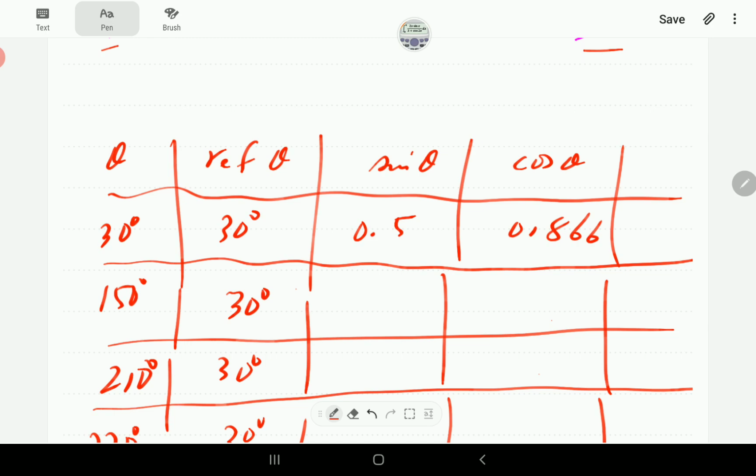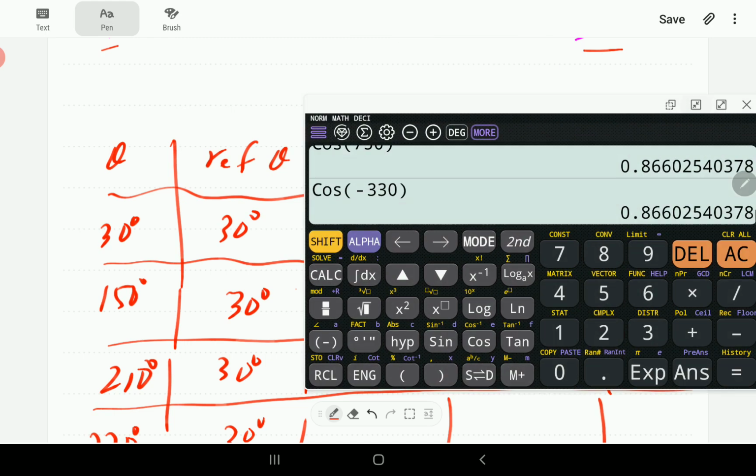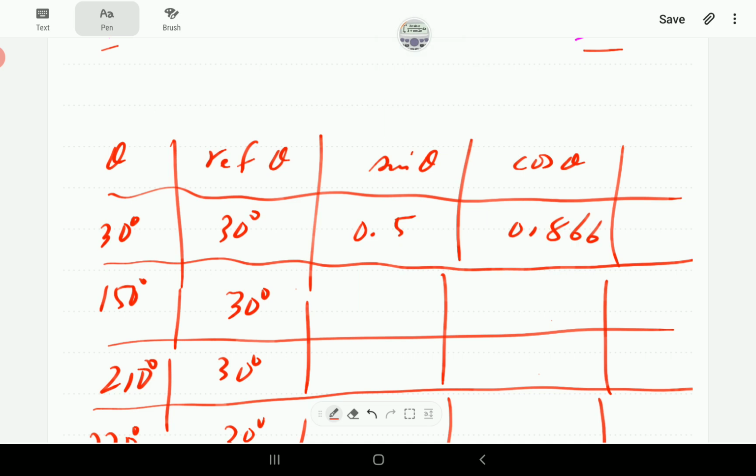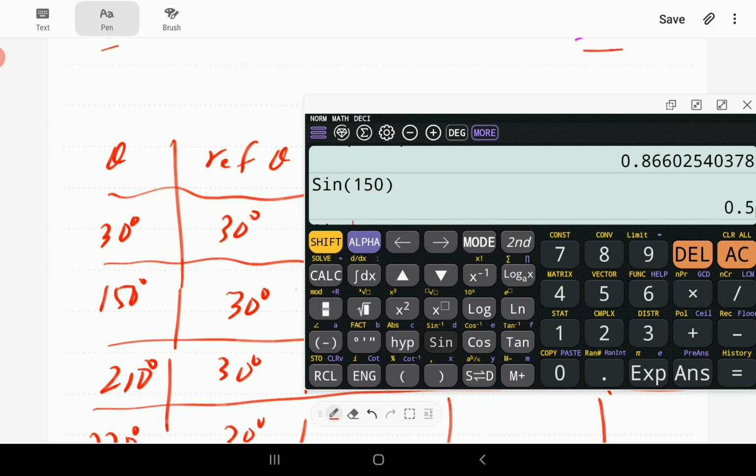So we're just going to continue to 150. Let's see what sine 150 is. Sine 150, not 120, is also equal to 0.5. Okay, do sine 210.